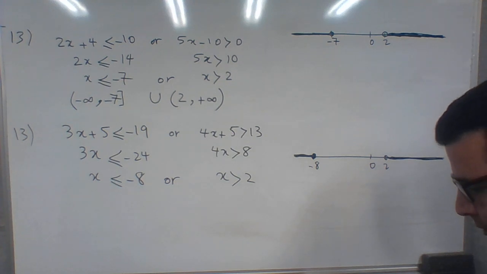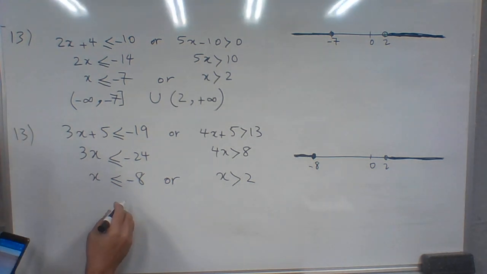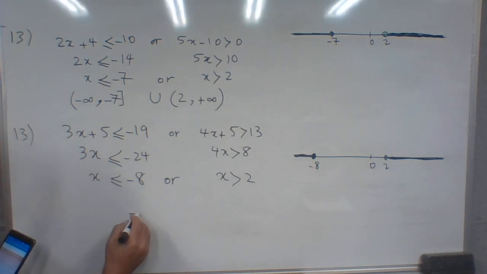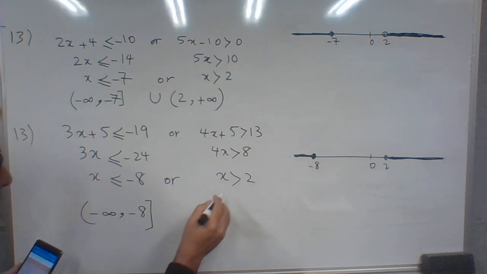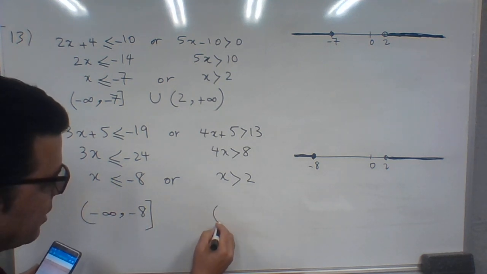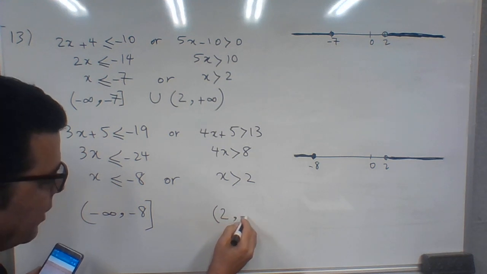And then write in interval notation. X less than or equal to negative 8. Negative 8 can be equal, so a bracket, so negative infinity, because it's less than that. Or greater than 2, so it is not equal, it is only strictly greater, 2 and positive infinity.